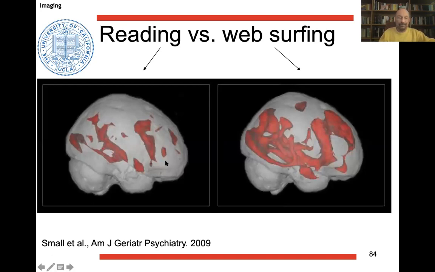This is one I just picked from an old paper on reading versus web surfing. This is the same subject, reading a book, and here is surfing the web. Look at the difference in how many more areas of the brain are activated when you're surfing the web compared to reading.